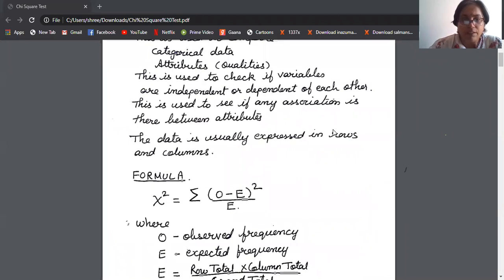Because there are two different attributes, each will be either present or absent, so the data we have is going to be expressed in terms of rows and columns.